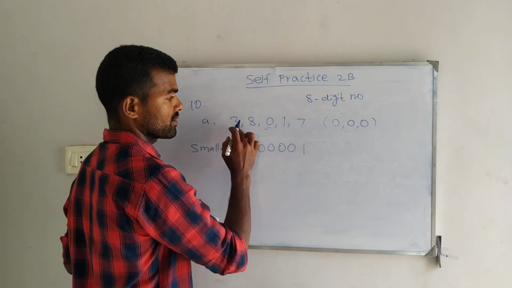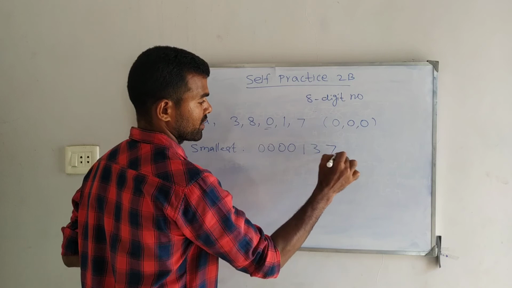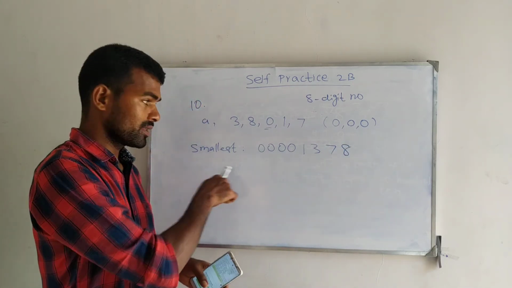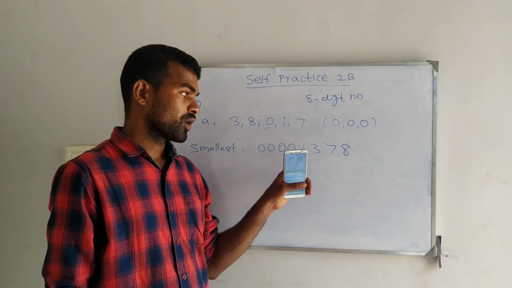After 1 next is 3, after 3 next is 7, 8. So this is the 8-digit number. But is this the smallest number? How will we read this number?